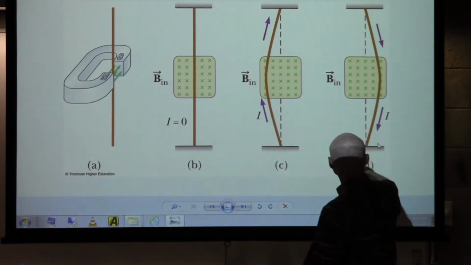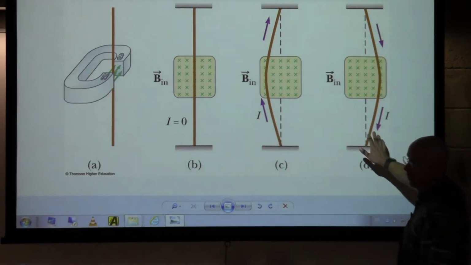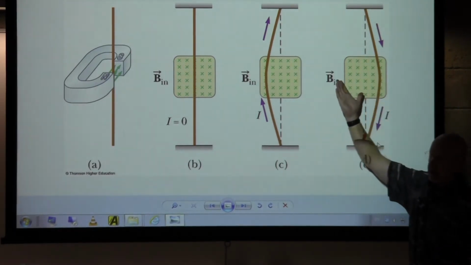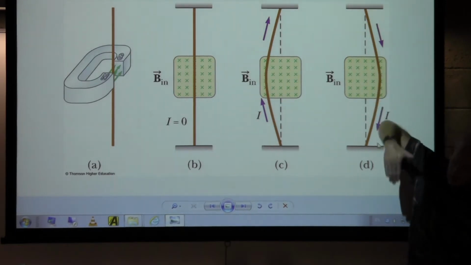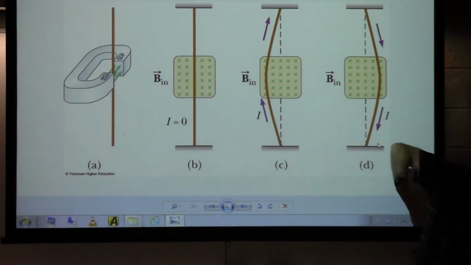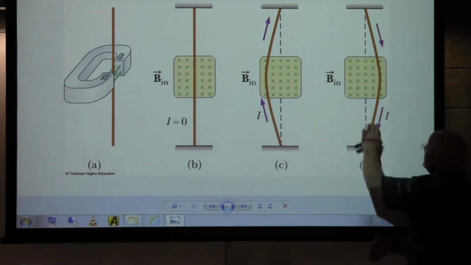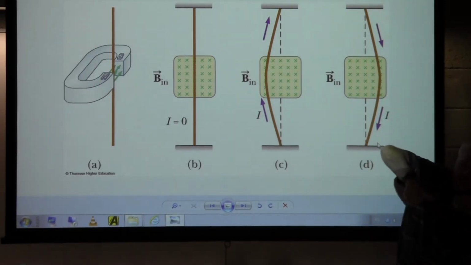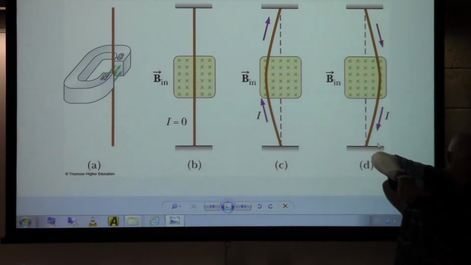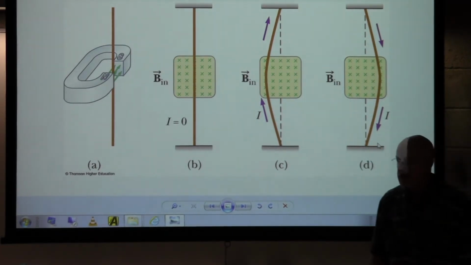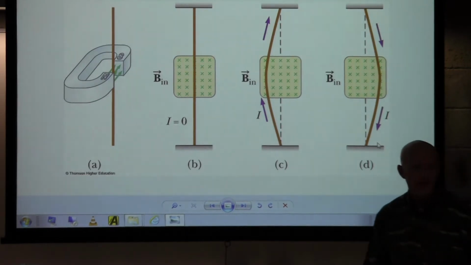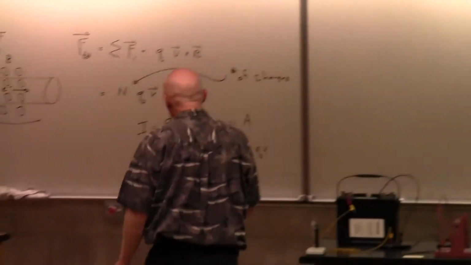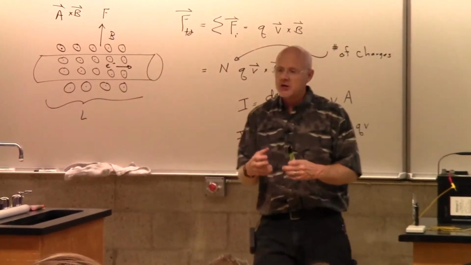If I reverse the direction of the current, then when I go to do a cross product, I would take my right hand and I would start with my fingers going down. And then I would need to adjust until my palm is pointing inward so I can close my fingers inward, and my thumb now is pointing to your right. And so sure enough, the wire bends out. And so that's what I meant by this is our first application of this equation, the force on a wire.